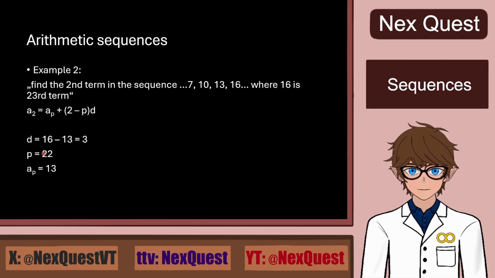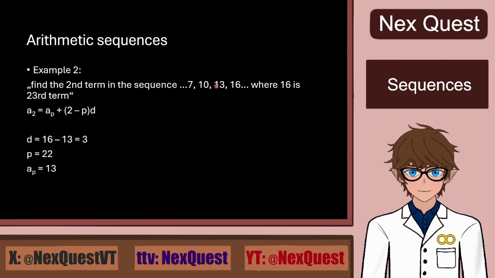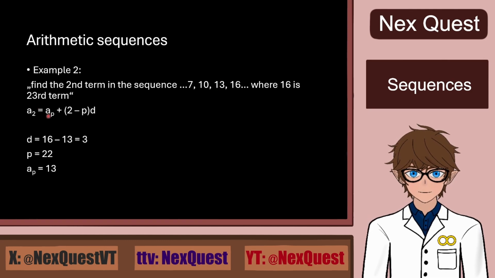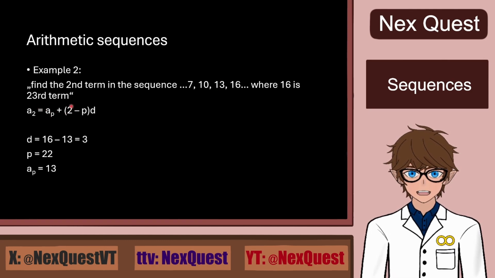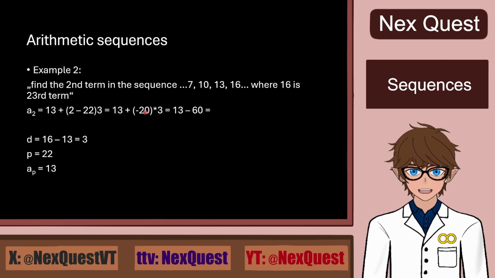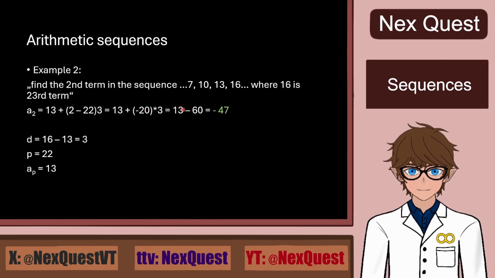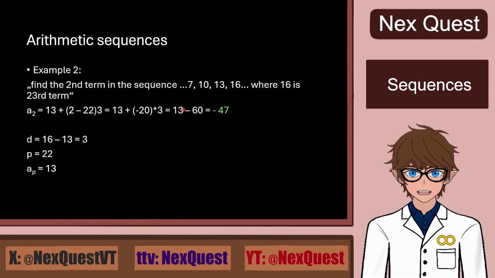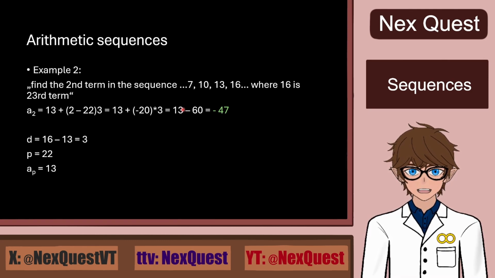Now insert in P the 22nd term, which is 13, and in AP, plug in the 2 as the n, plug in the other numbers, and calculate them together, so 13 plus minus 20 times 6, 13 minus 60, which is minus 47. So we see that the second term would be minus 47, meaning that the first term would be minus 50, although that is not part of the question, as we only needed this value right here.